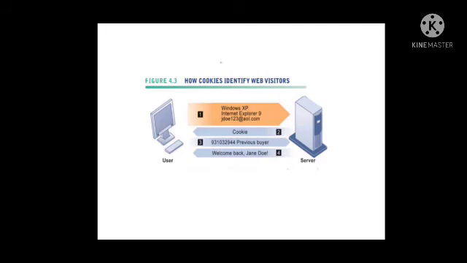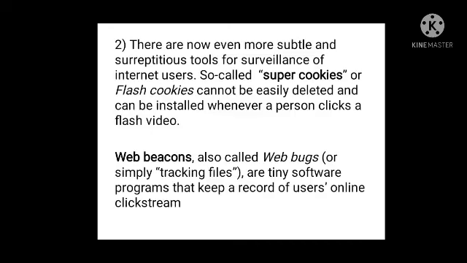Websites using cookie technology cannot directly obtain visitors' names and addresses. However, if a person has registered at a site, that information can be combined with cookie data to identify the visitor. There are now even more subtle and surreptitious tools for surveillance of internet users, so-called super cookies or flash cookies.